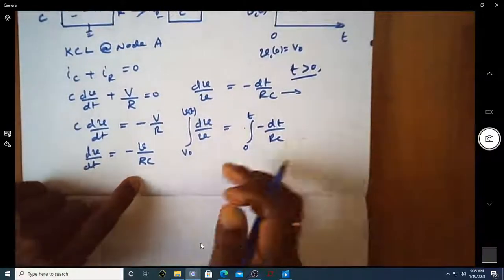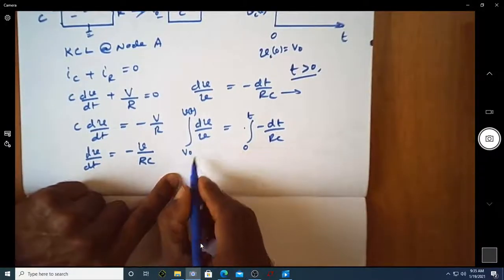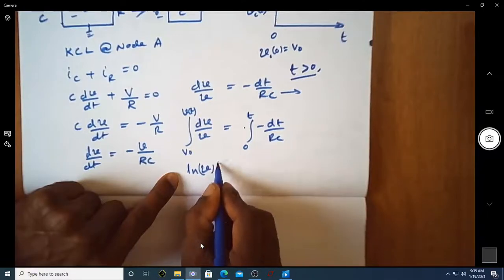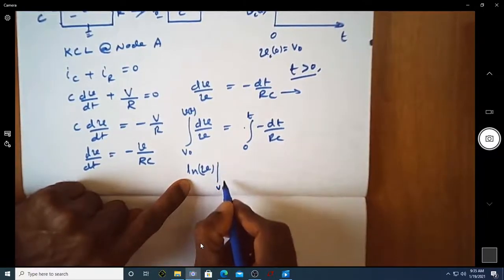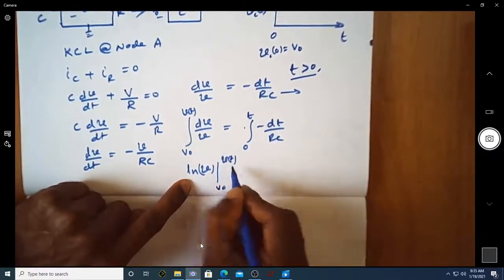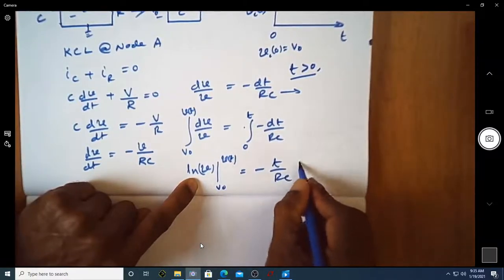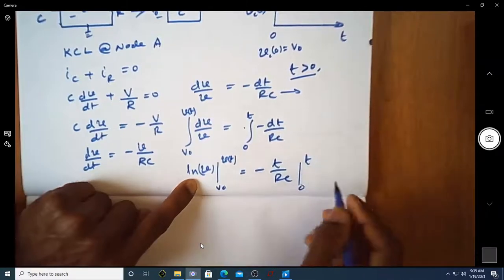Upon taking the integral, we end up with ln of v, with the limits V0 and Vt, and this becomes minus t by RC, applying the limit 0 to t.